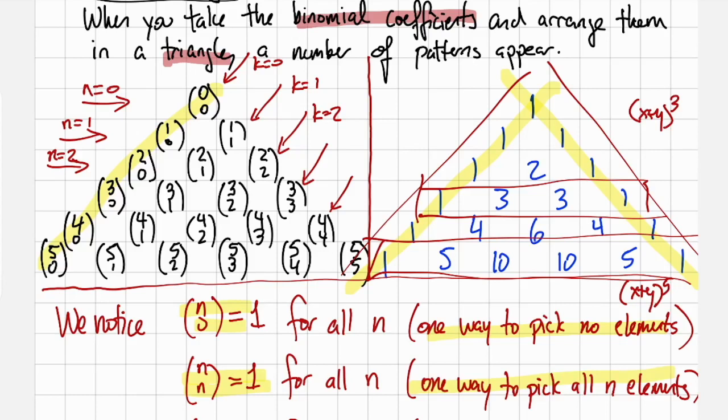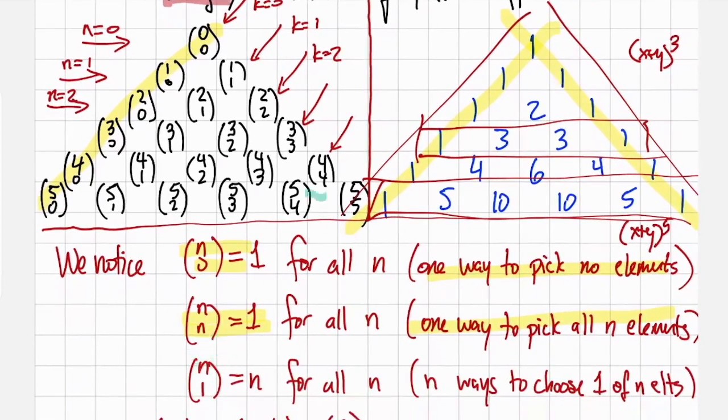You pick them all. Something a little bit less boring is that n choose 1 is equal to n. We see these numbers. 1 choose 1 is 1, 2 choose 1 is 2, 3 choose 1 is 3. And we should expect that because if we have n objects, in how many ways can you choose one of them? You can choose them in n ways.